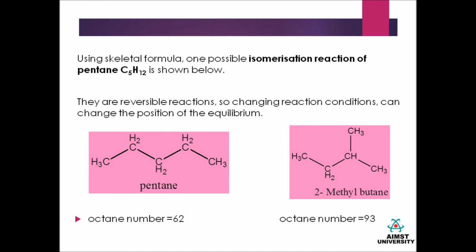Pentane has an octane number of 62. When you convert pentane to 2-methylbutane, it has an octane number of 93. So here we can use the reaction conditions to improve the octane number from 62 to 93.